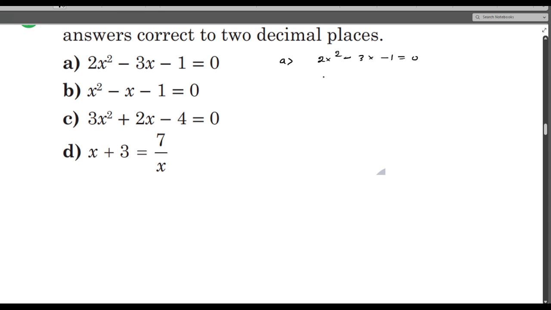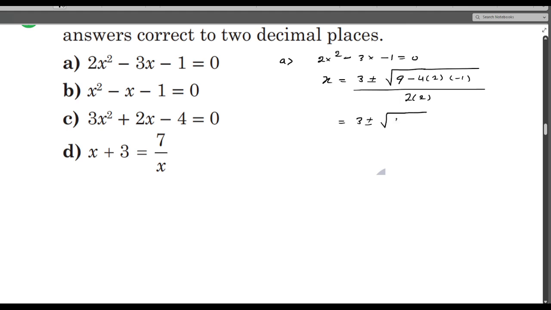So your value of x will be 3 plus minus root of b square, which is minus 3 square is 9, minus 4 times 2 times minus 1, divided by 2 times a, which is 2. So this is 3 plus or minus square root of 9 plus 8, sorry, 9 plus 8, divided by 2 times 2 is 4.